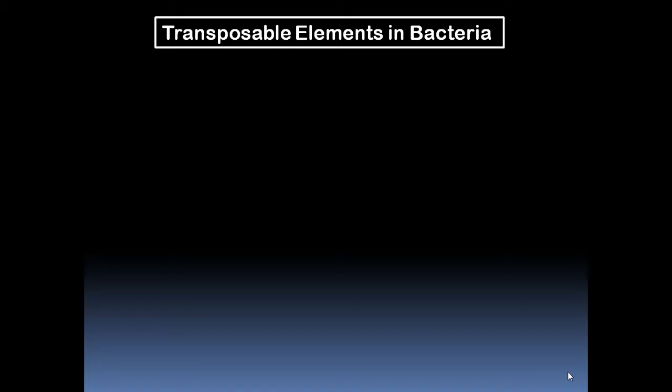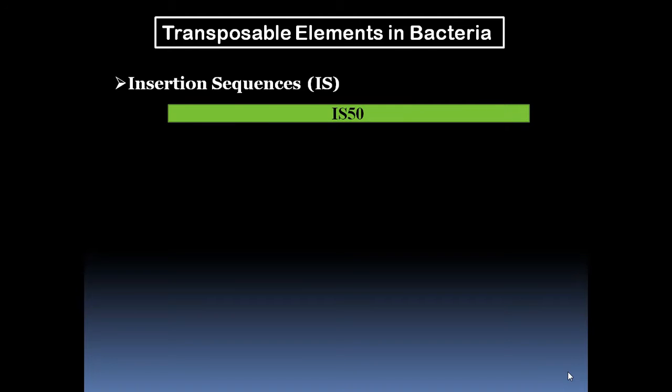Now, in case of bacteria, we say that these transposable elements or jumping genes are generally categorized into three basic types. The first being the insertional sequences. Now, these insertional sequences are the simplest transposable elements present in bacteria and comprise the genes that are required for their transposition only.